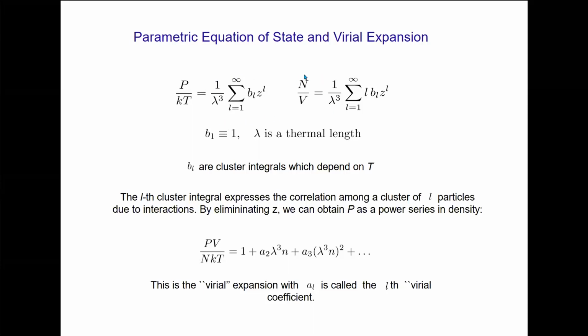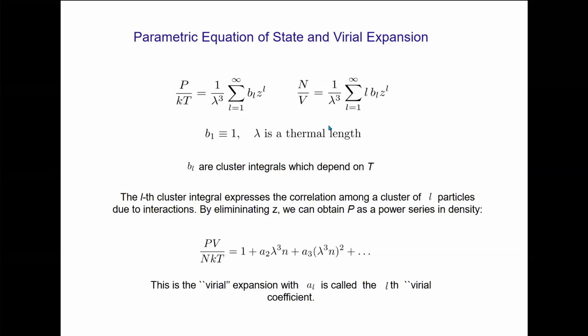How come? For example, the number of particles is fixed. For the classical system, fugacity is small. So in principle, we can solve this equation and find z as a series in the density of particles in the system. So somehow invert this relation, writing z as a series in the density.